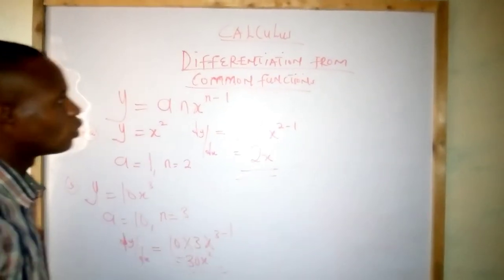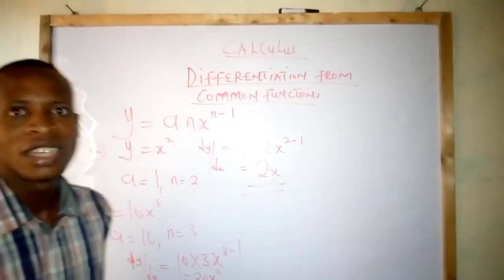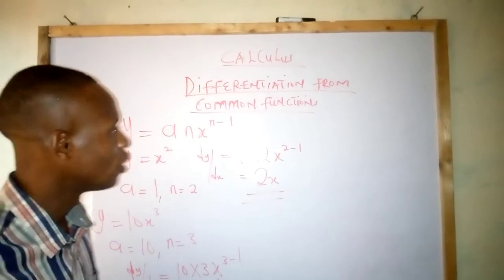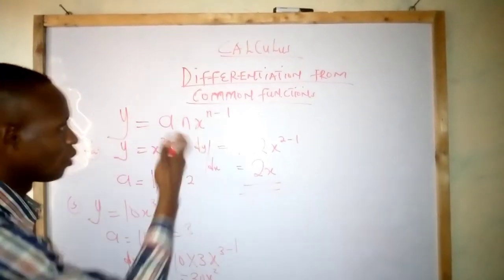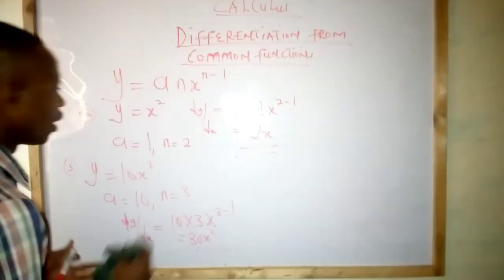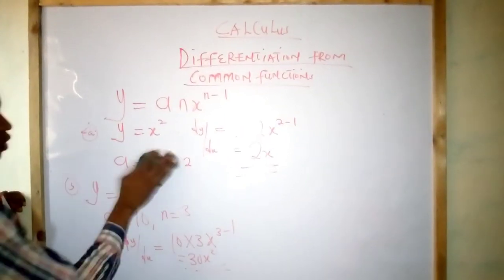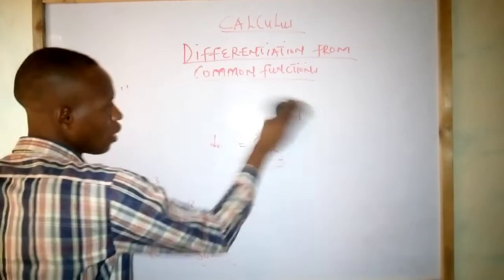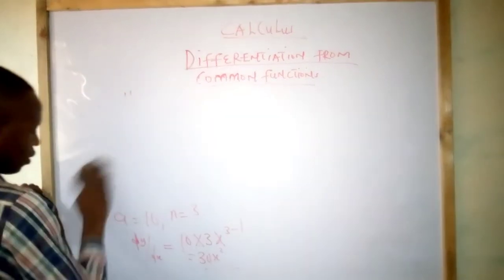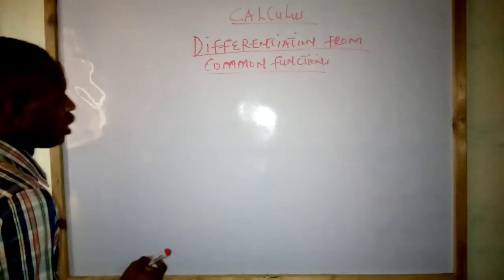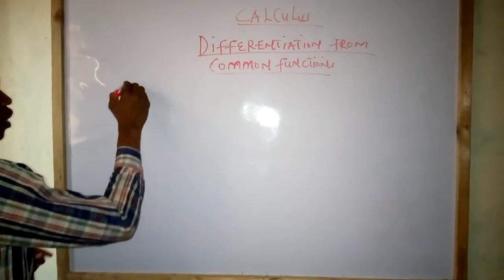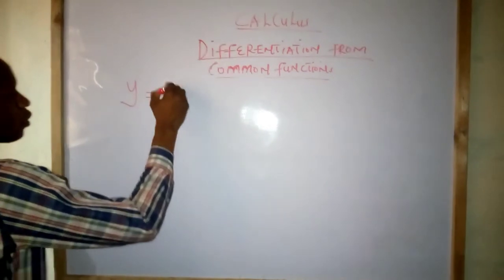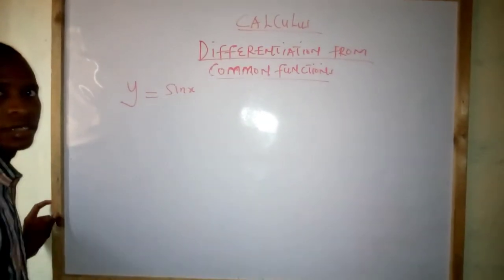But let's go to trigonometry, whereby you have the sine and the cosine. How do we solve that using this differentiation of common functions? Take for instance, y equals sine x.